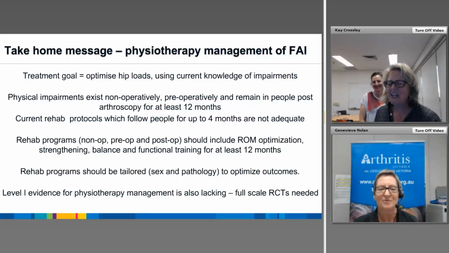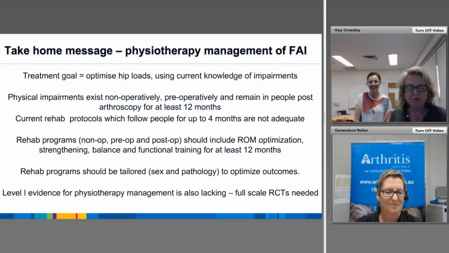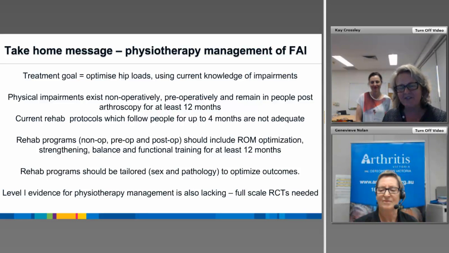Yes, thank you. Clearly we need a lot more research, and as Jo mentioned, there are a number of studies going on in Australia and around the world, but there's always room for people to help with research. We're recruiting into a couple of different studies at the moment. Jo's currently doing an FAI clinical trial in Ballarat, so if you have any patients that you want to refer into the study, feel free.